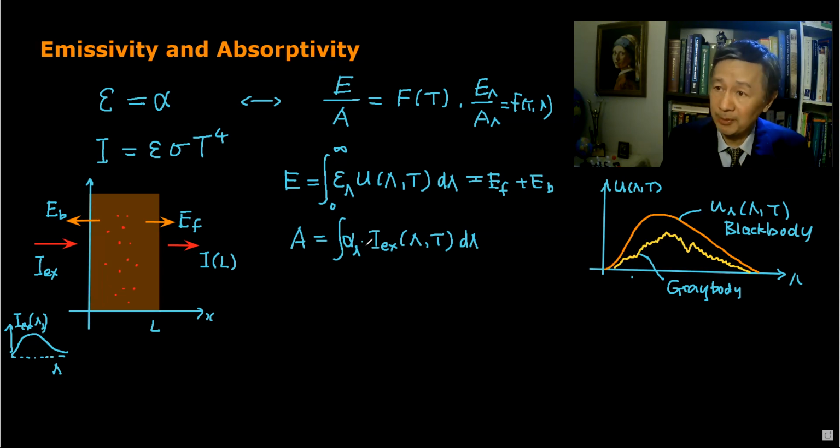It's called the spectral emissivity. So whenever you see the lambda here, there is a proper adjective to add. So that one is called the spectral emissivity.